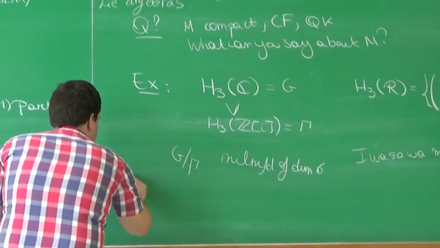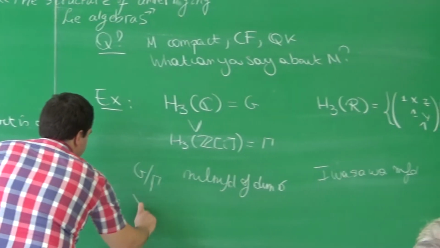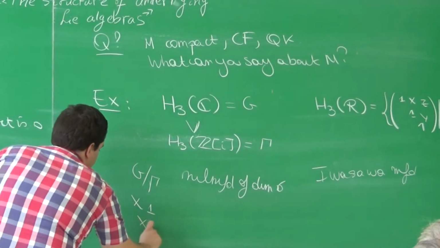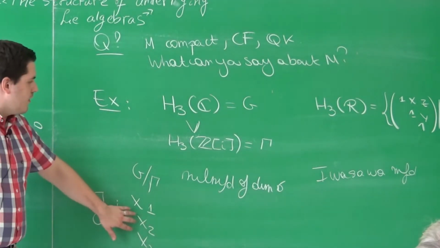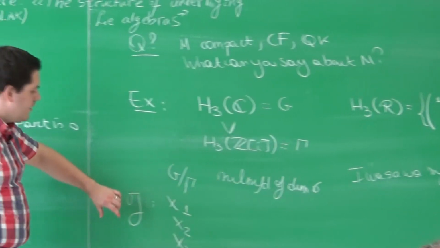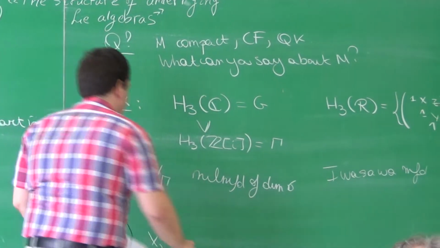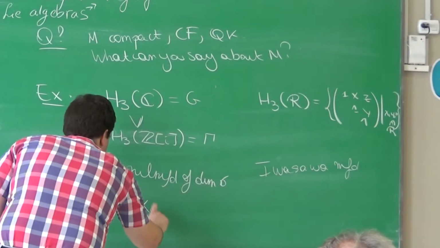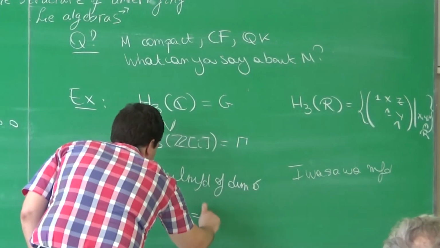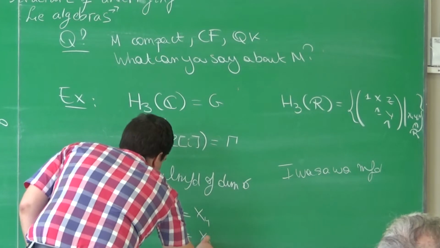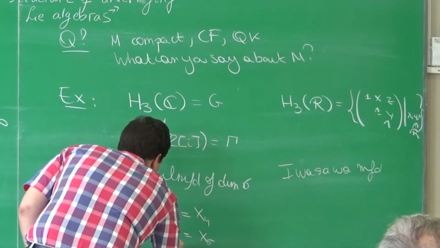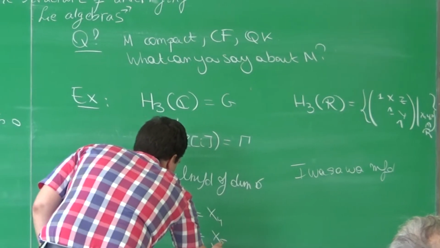On the Lie algebra g, I have a basis x1, x2, x3. This is the basis as a complex Lie algebra, and I will just take the corresponding i times those vectors. So I have i times x1, that's x4, i times x2, that's x5, and i times x3, that's x6.